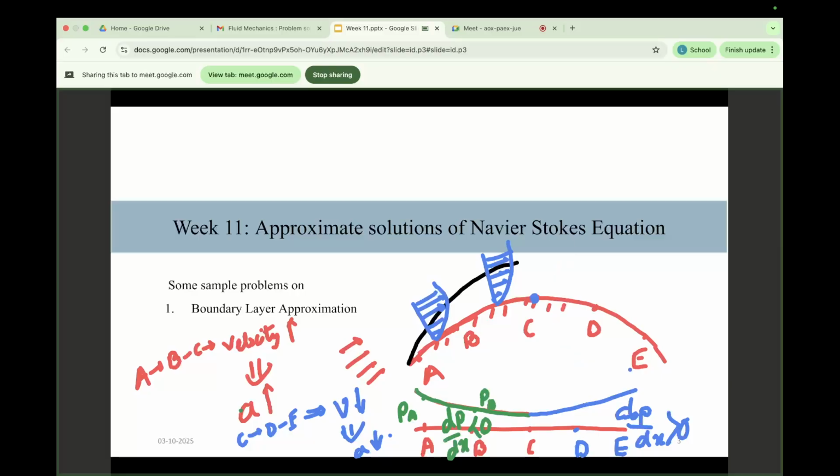So as the pressure gradient is increased, initially in the previous discussion we said that if the pressure gradient is zero, the boundary layer thickness will increase. Here the pressure gradient is less than 0 in ABC, so the boundary layer will be there. But when the pressure gradient is greater than 0, what will happen?